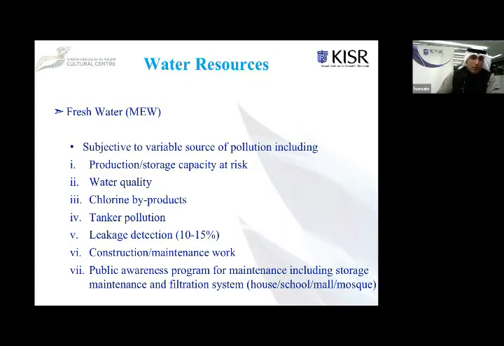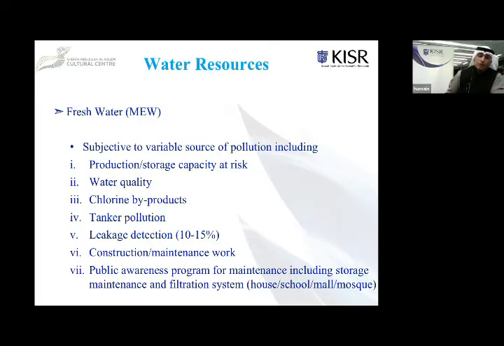Another source of fresh water: beside those consumers who are connected to the freshwater network, there are isolated consumers. They are away from and not connected to the public network, and they use tankers. And those tankers, if they are not maintained, could produce pollution for the consumers.